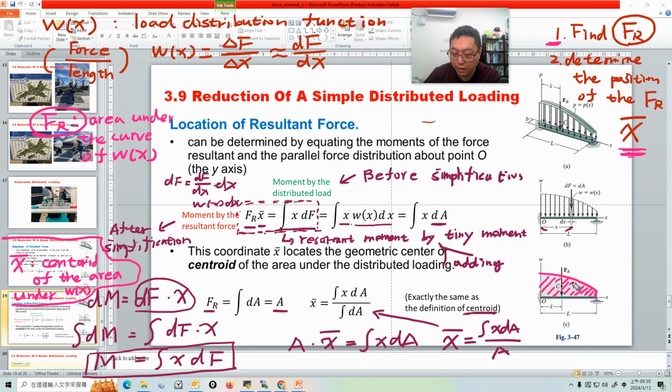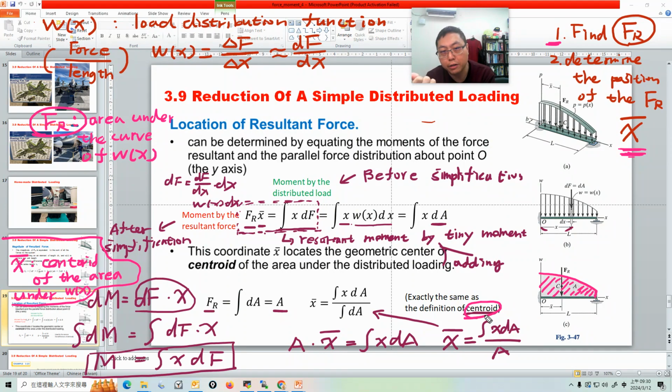So this is the concept for the simplification of distributed loads. In the next video, I will introduce what is called the centroid, and do some review on it. You might have learned this before, maybe in high school physics or freshman physics, where you learn about the center of mass.